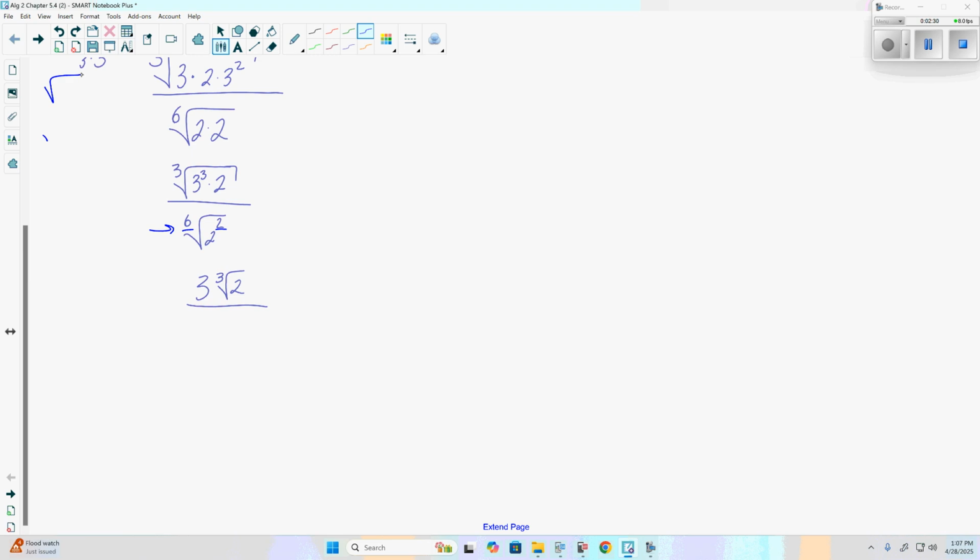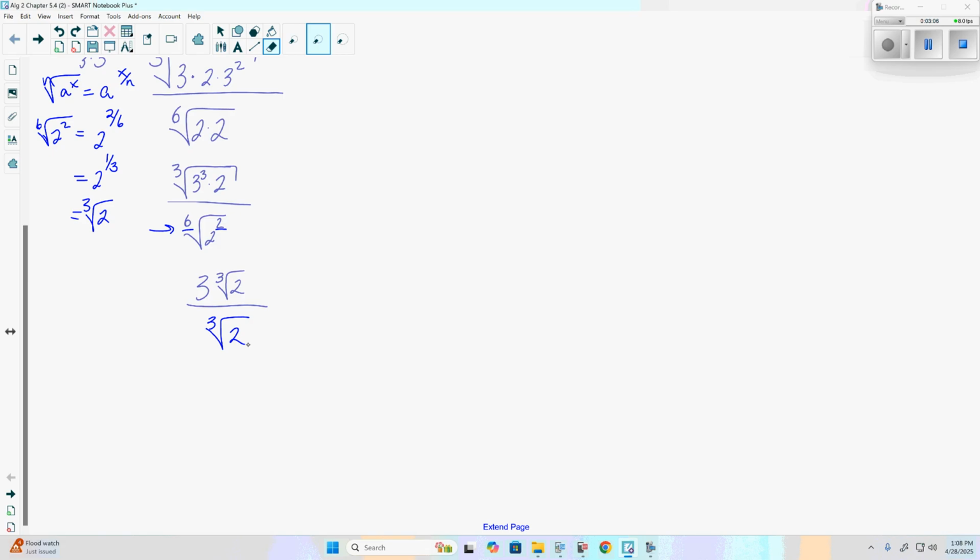If we look at this in terms of the nth root of a to the x, that's a to the x over n, so the sixth root of 2 squared would be 2 to the 2 sixths. And the reason I say this is interesting is because 2 sixths actually reduces to 1/3, which if we rewrote it back as a radical, we can stick it back in as the cube root of 2.